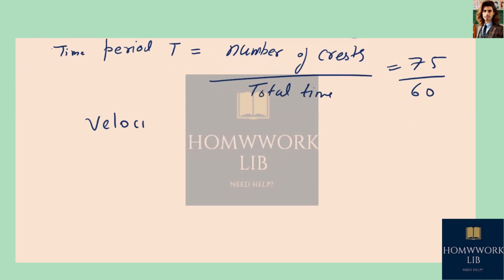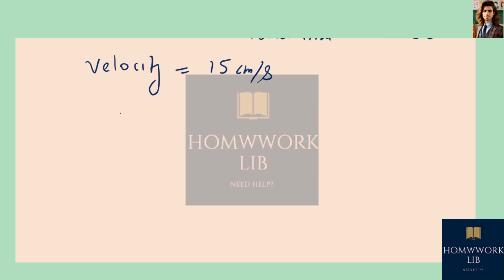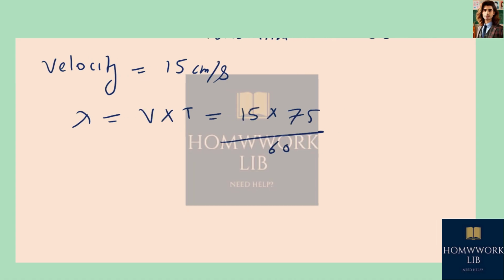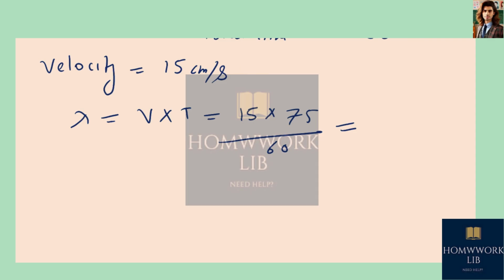The velocity is 15 centimeter per second. The wavelength lambda is velocity into time period, 15 into 75 by 60. Put it into the calculator and you get 18.75 centimeters.